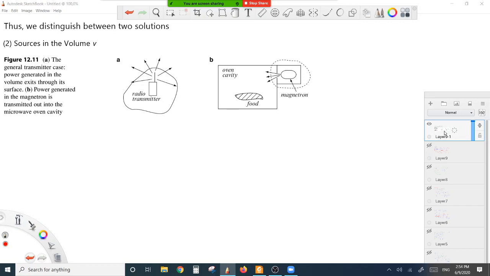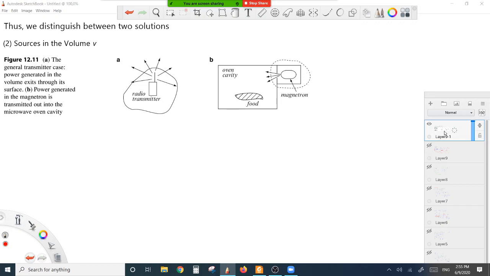A source is located in the volume, but there are no losses in the same volume. Since the electric field intensity E and current density J are in opposite directions in the source, the product E multiplied by J is negative.